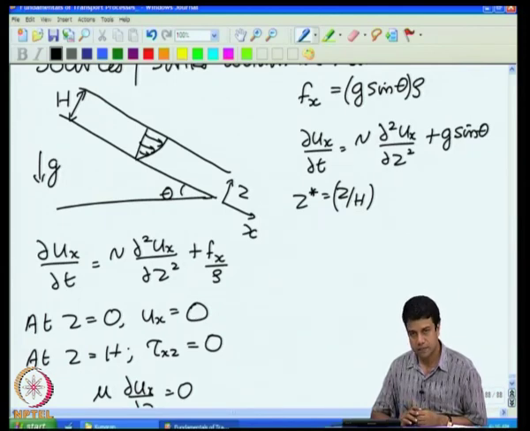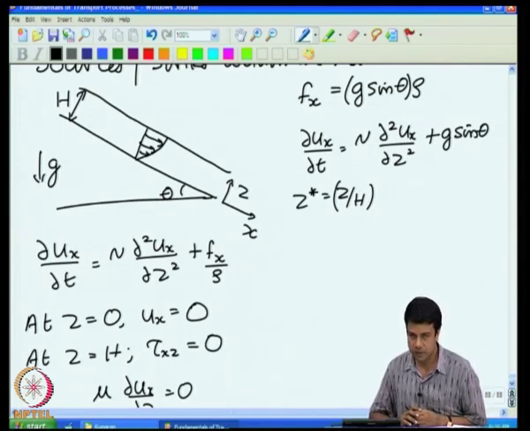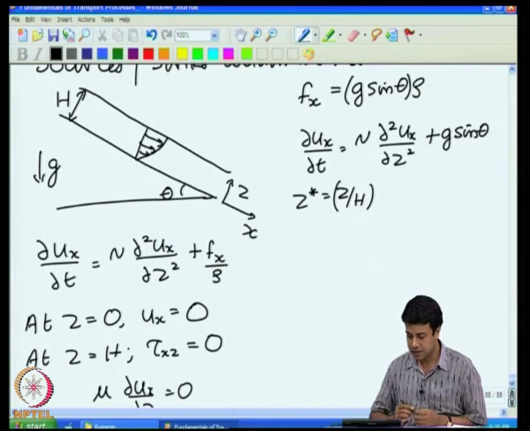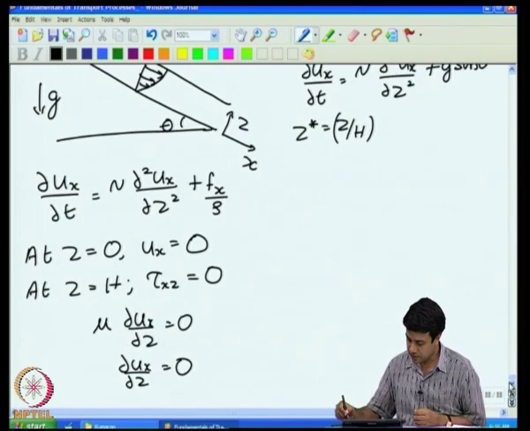What about ux? In the previous examples, there was a well defined velocity of the boundary. I had the boundary condition ux is equal to capital U at z is equal to 0 and ux is equal to 0 at z is equal to 1. In this case, the boundary conditions are both homogeneous. There is no velocity at the boundary.